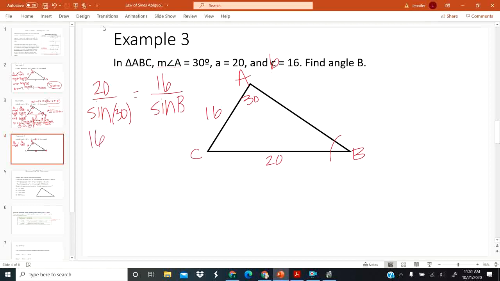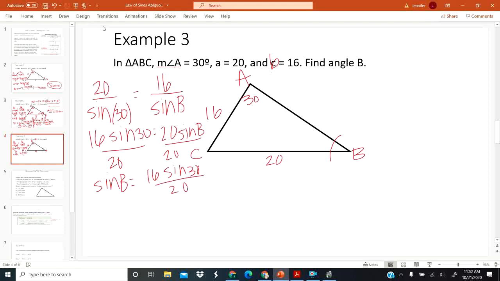So I'm going to have 16 sine 30 is going to be equal to 20 sine B. And so I need to divide by 20 on both sides. And I'm going to reverse the order of this so that I have sine B on the left-hand side. So I have sine B is going to equal 16 sine 30 over 20. And so for B, you're going to need the inverse sine of all of that. So 16 sine 30 over 20.